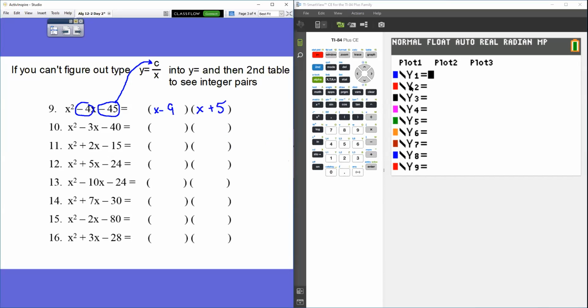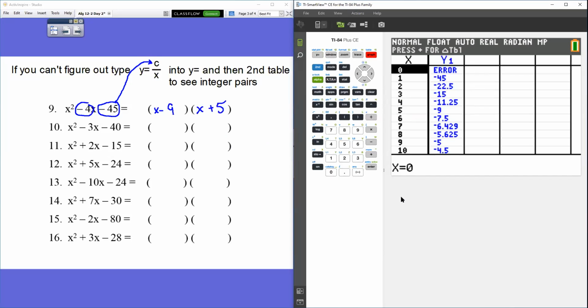So you would type in y equals negative 45 divided by x. Don't graph it. What we want to do is hit second and table. It will give you, all right, we don't want any of the decimal answers, but these are all what times what equals negative 45.